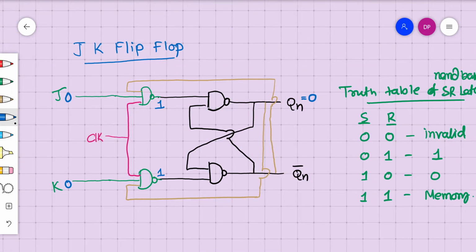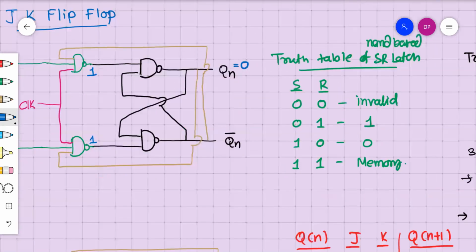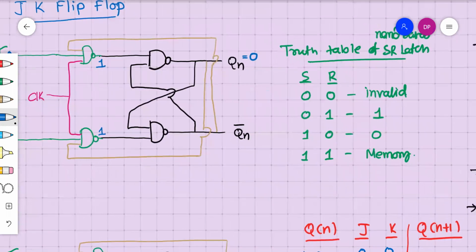In the SR latch, if both the inputs are 1, what will happen? Look at the truth table. In an SR latch, when both the inputs are 1, it acts as memory. So it means Qn plus 1 will be equal to Qn. The next output will again be 0, which is equal to the previous output. Memory means the previous output will be equal to the next output.